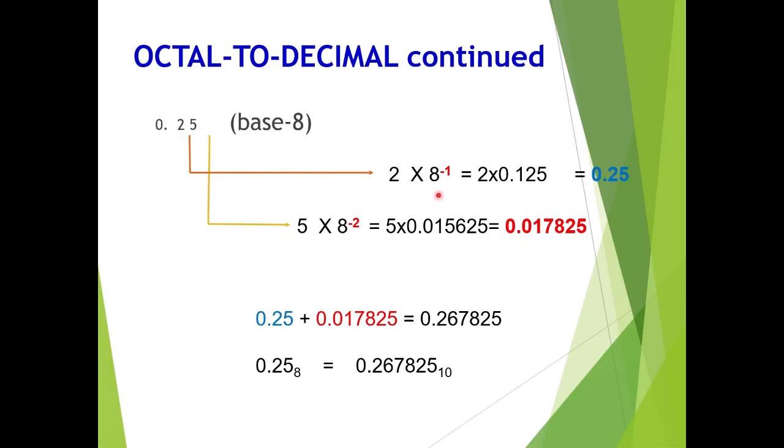We have 8 power -1 is 0.125 and 8 power -2 is 0.015625. Just multiply, you will be getting 0.25 and 0.017825, add both, then you will be getting 0.267825. So again we can have just four digits or maximum 5 digits as the answer.